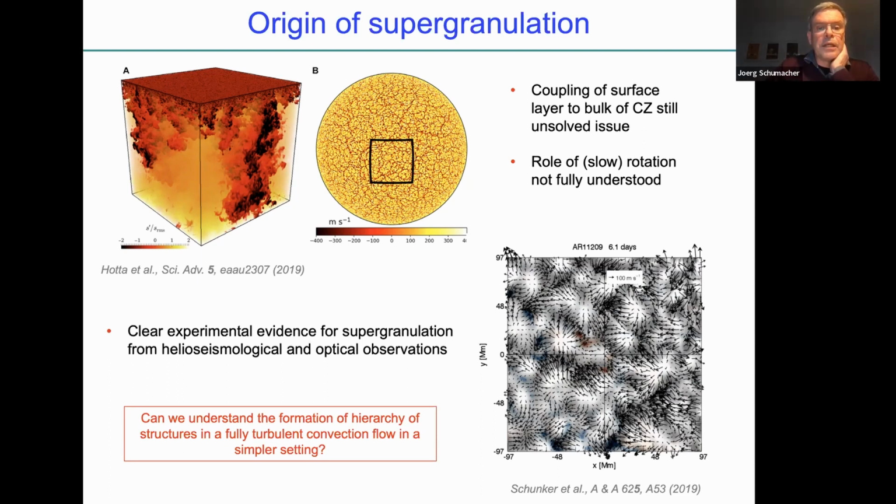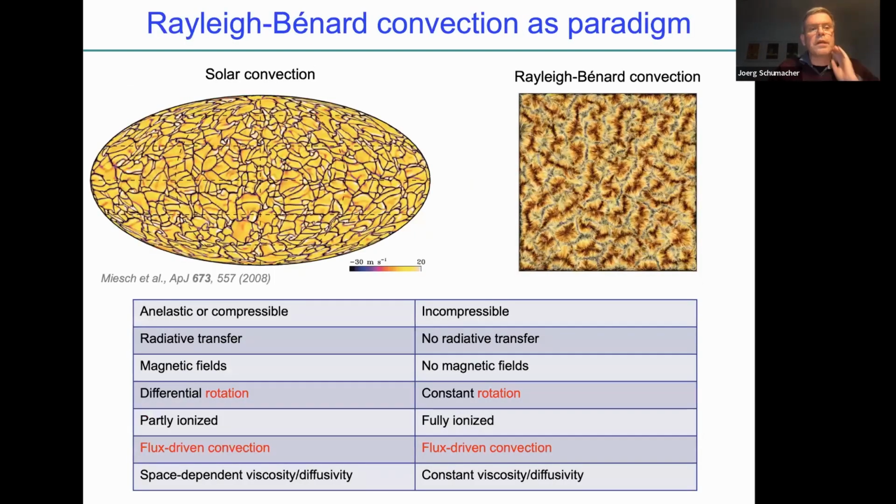And that is exactly what I'm going to discuss in the following. Here once more, on the left-hand side, the solar convection case and a picture from state-of-the-art global simulations of solar convection.